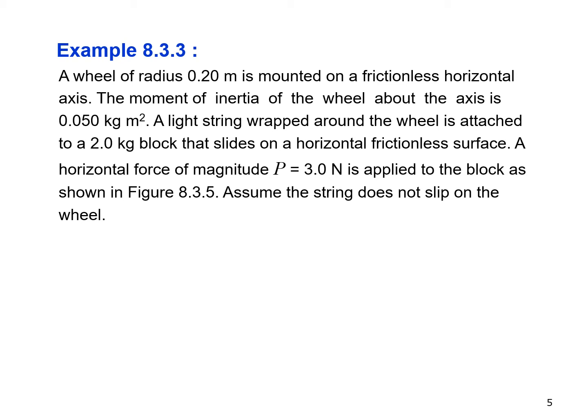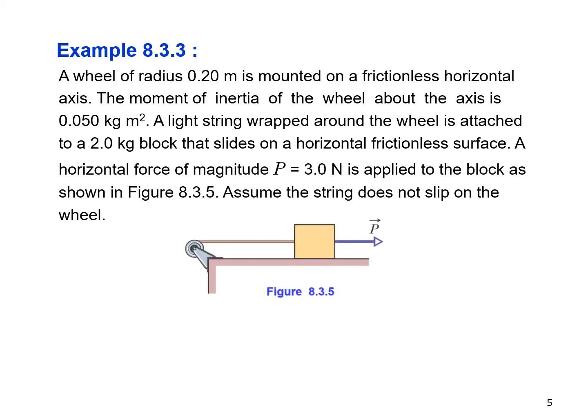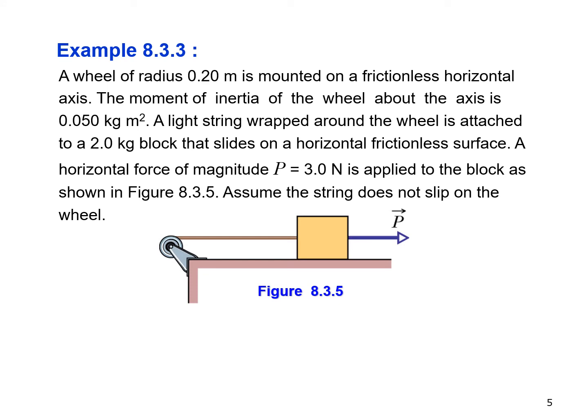A horizontal force of magnitude P, 3 Newton, is applied to the block as shown in the figure. The assumption over here is that the string does not slip on the wheel.